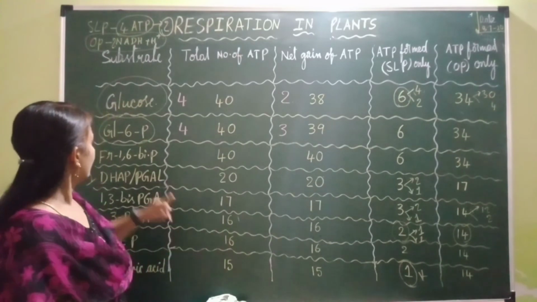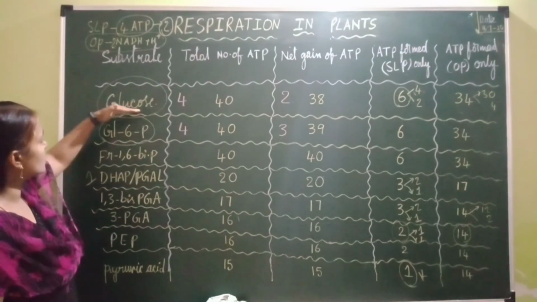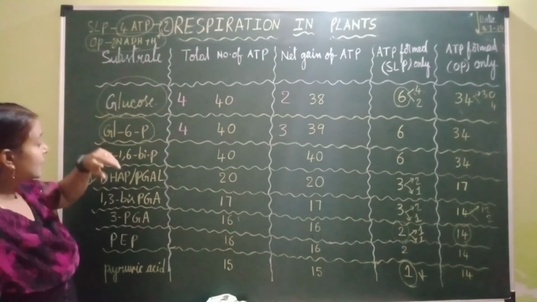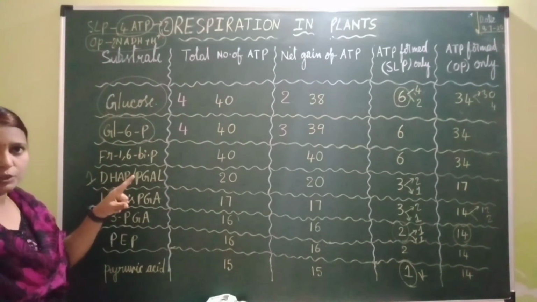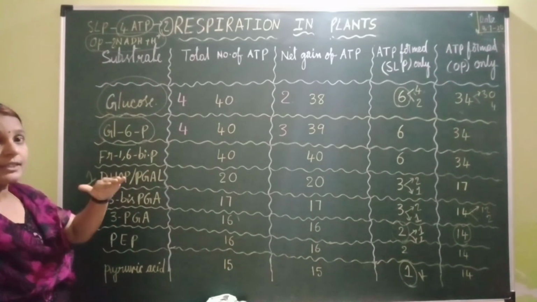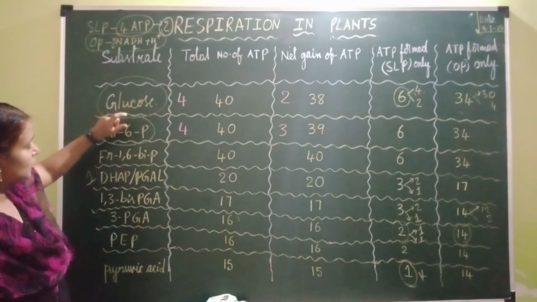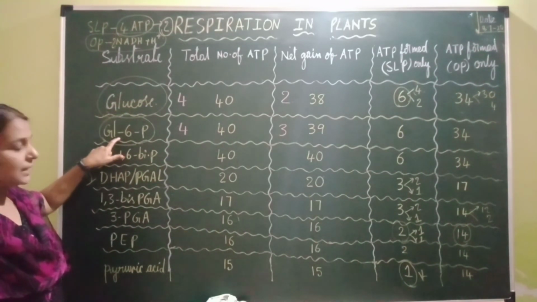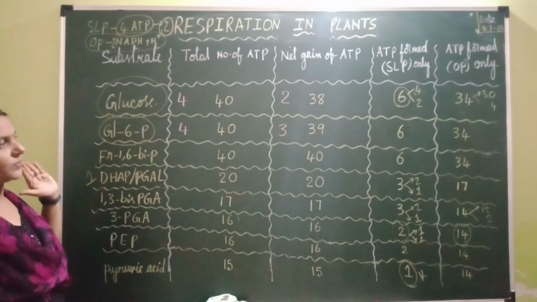Why 1 ATP? We are calculating from glucose 6-phosphate. During the phosphorylation of glucose into glucose 6-phosphate, 1 ATP is consumed. We should not consider that ATP. We need to consider the reactions which take place after glucose 6-phosphate.